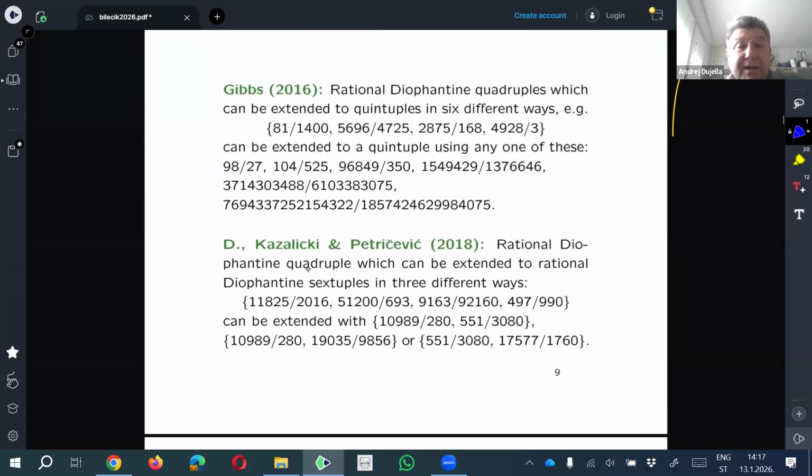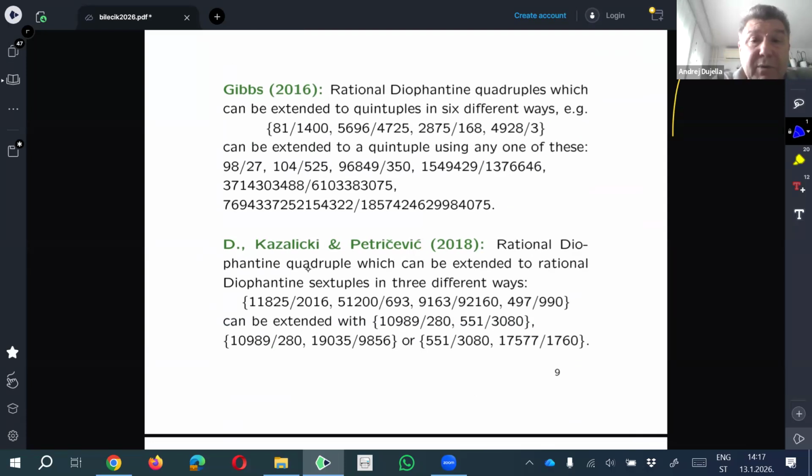There are some other, say, positive results, in the sense that Stoll proved that this particular quadruple has a unique extension to a quintuple. And we know in general that there may be two extensions. But in fact, there are examples with many more extensions.